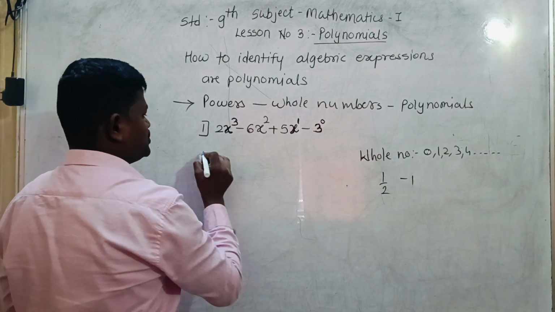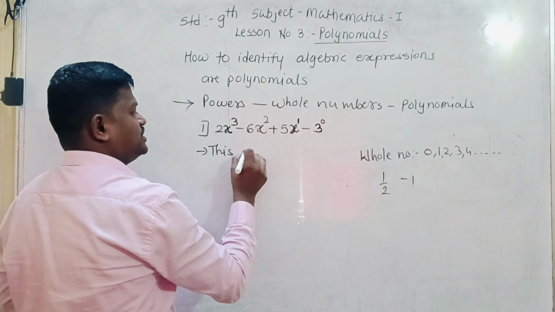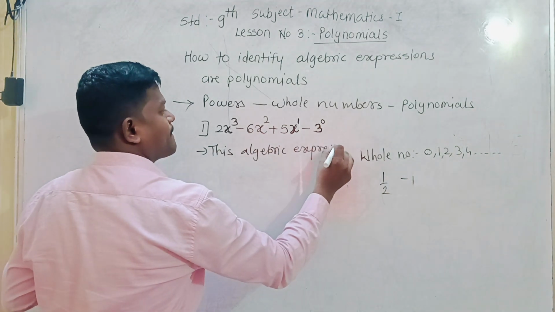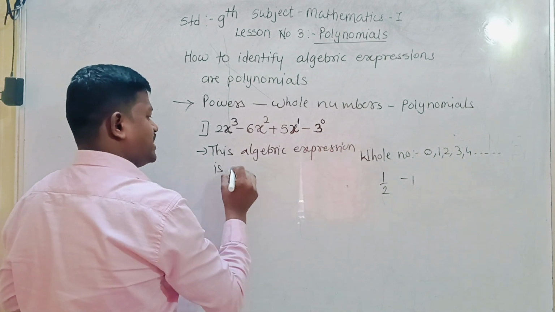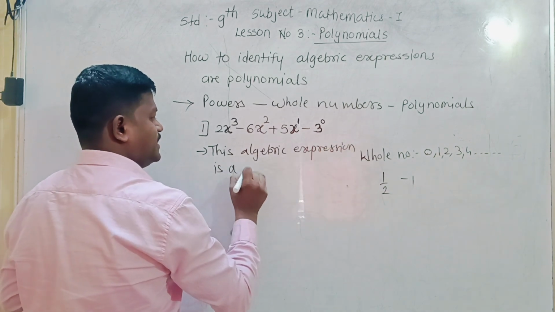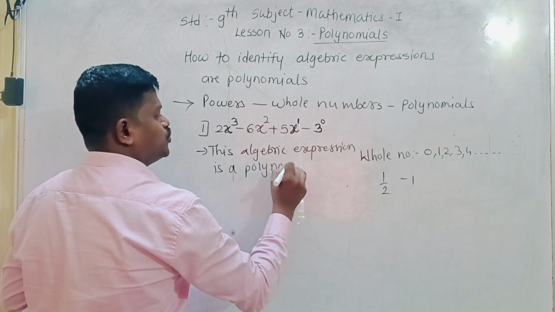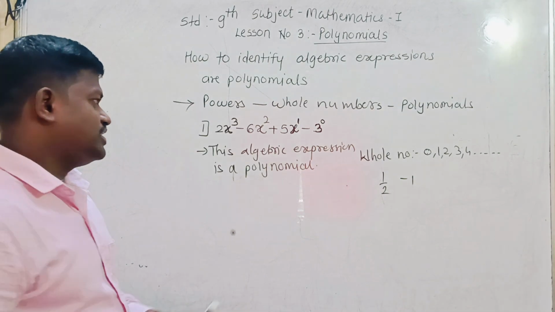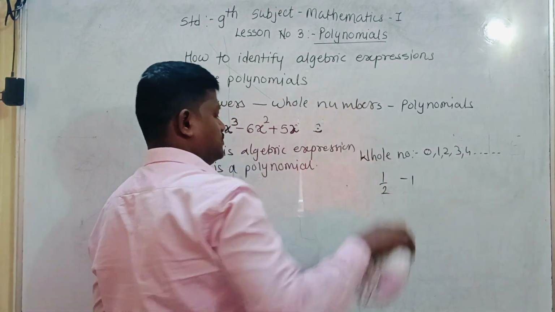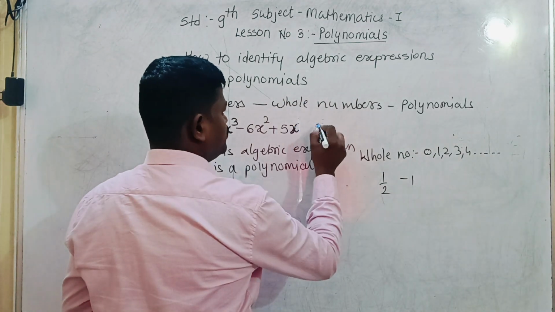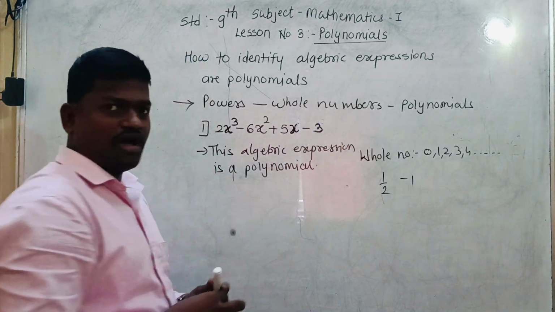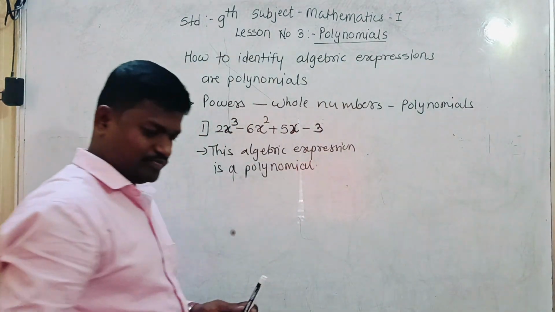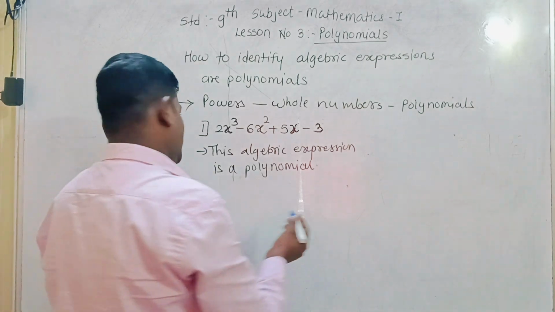So this algebraic expression is a polynomial. Understood? So this is very easy to find out which expressions are polynomials or not. Understood? We take another example.